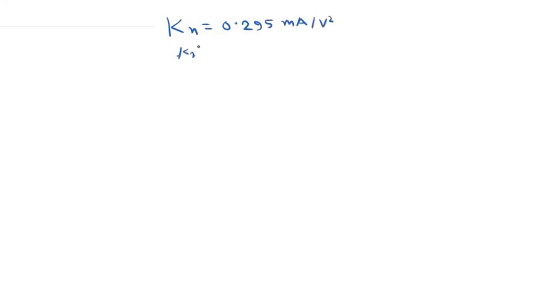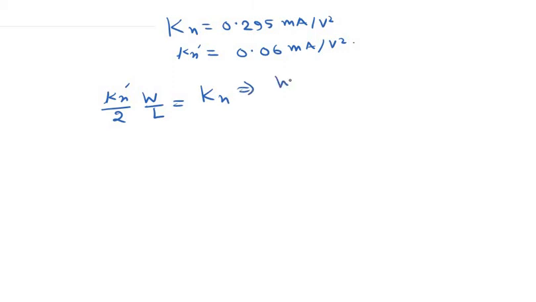Small kn, which is the process conduction parameter, is equal to 0.06 milliampere per volt square. Okay, so we have the equation Kn dash divided by 2 times W by L is equal to capital Kn, which implies that W by L is equal to capital Kn divided by small kn dash, multiplied by 2.